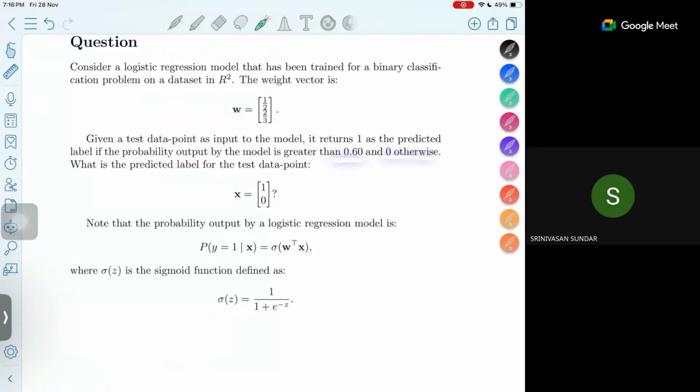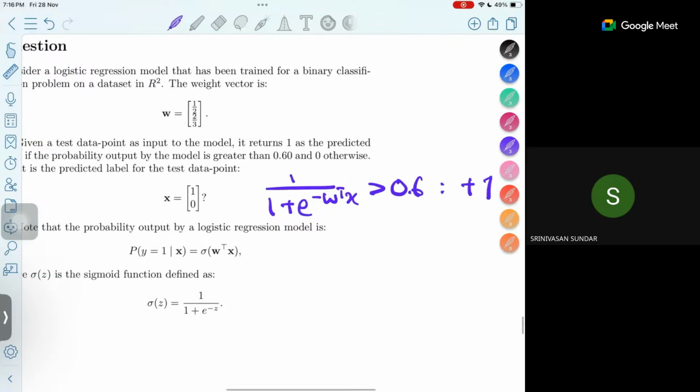So normally we would keep the probability threshold as 0.5, right? Whereas here they kept the probability threshold as 0.6, which means if 1 divided by 1 plus e power minus w transpose x is greater than 0.6, then it gets the label +1. Otherwise, it gets the label 0.